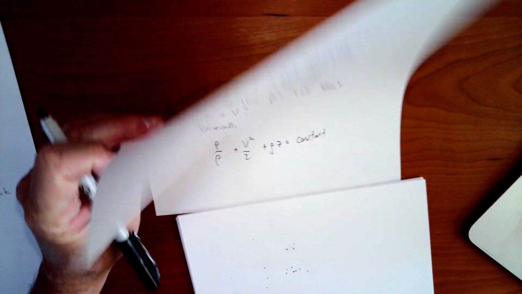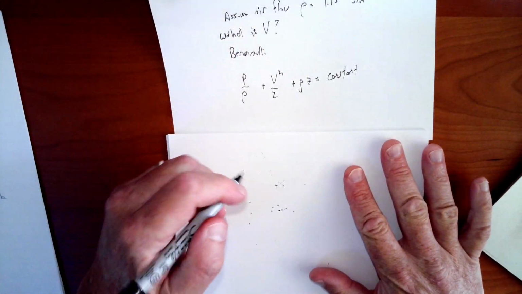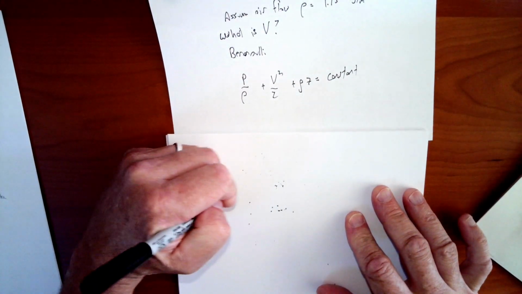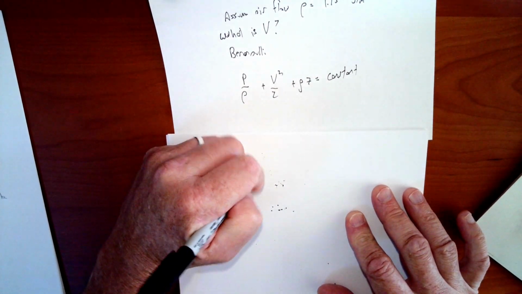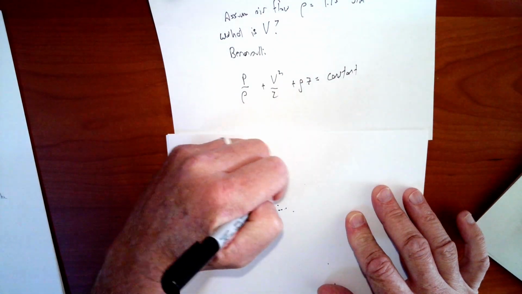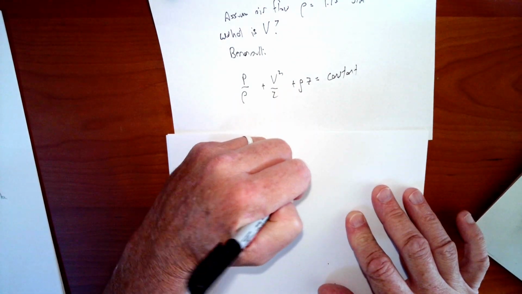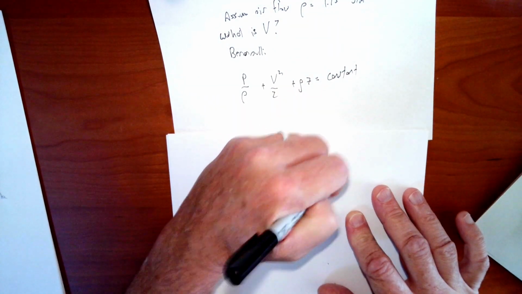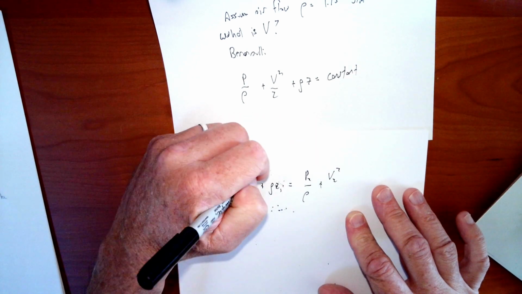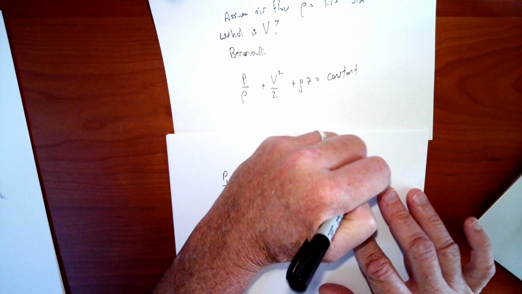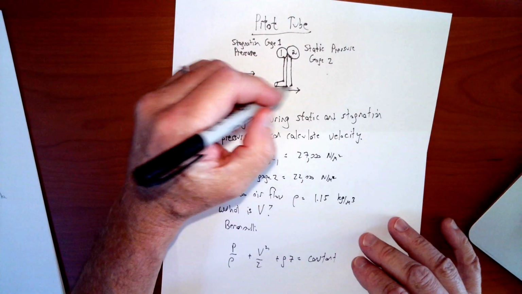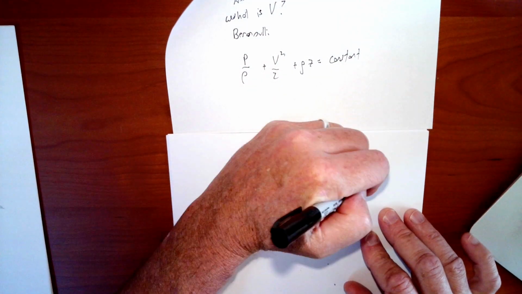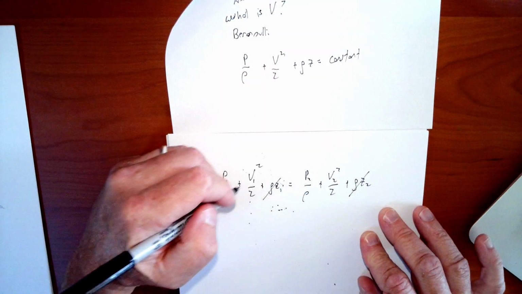So P1 over rho plus V1 squared over 2 plus gZ1 is equal to P2 over rho plus V2 squared over 2 plus gZ2. Obviously, from this picture, Z1 and Z2 are essentially the same, so those terms are just going to cancel out.